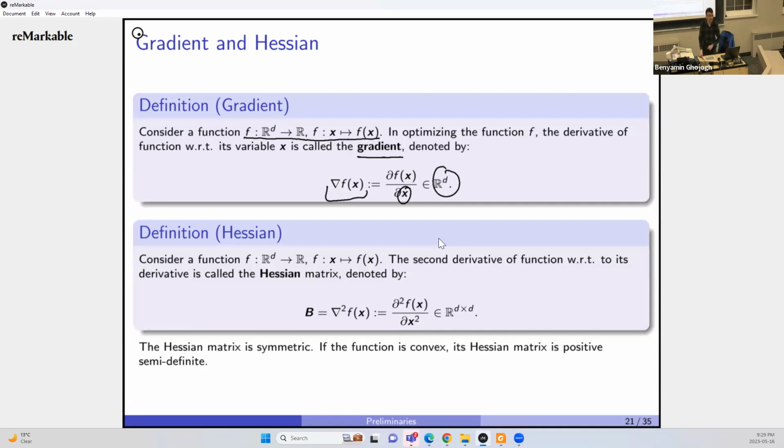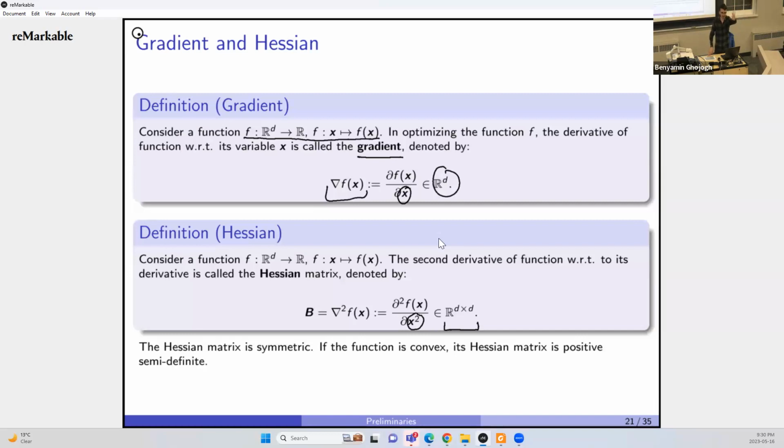Whenever the derivative is a matrix, they also call it the Jacobian. So whenever the derivative is a vector, it's usually called the gradient, otherwise it's the Jacobian. Hessian is the second derivative, and it is usually a matrix. Why? Because f is usually a scalar, the first derivative was a vector.